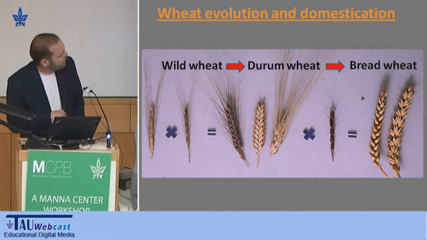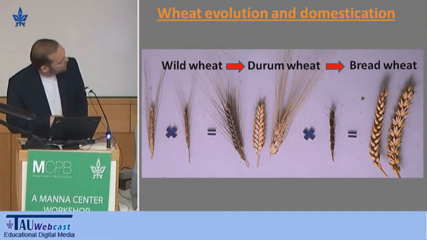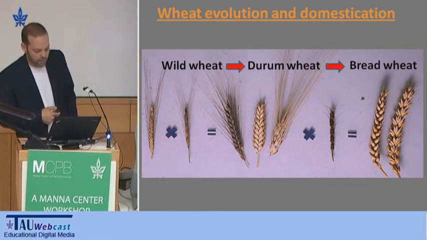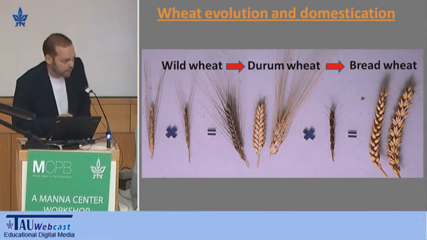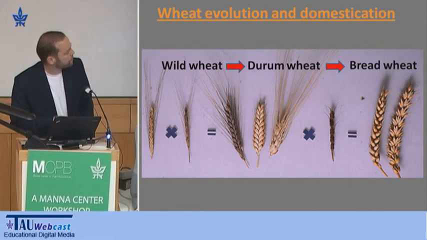This is durum wheat, from which we produce pasta. Later in cultivation, it was hybridized with another diploid species and gave hexaploid wheat, which is used to prepare bread. This is 95% of the wheat grown in the world.